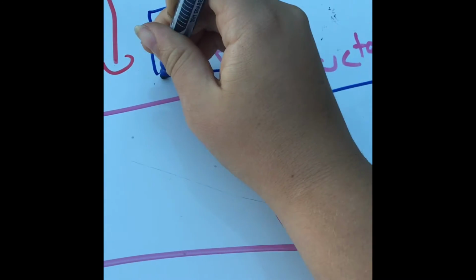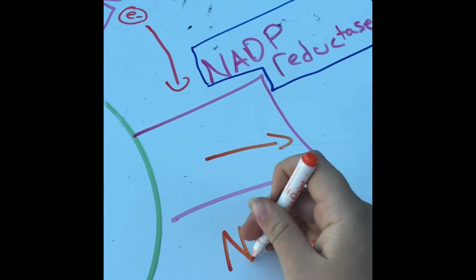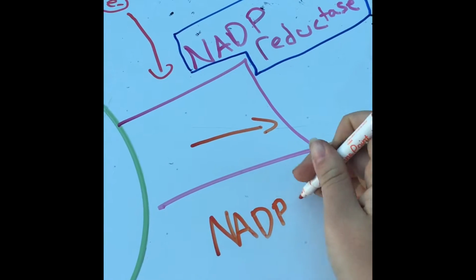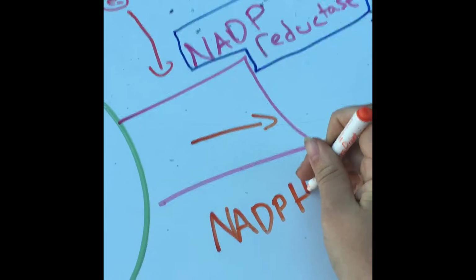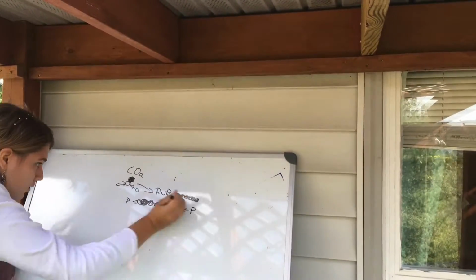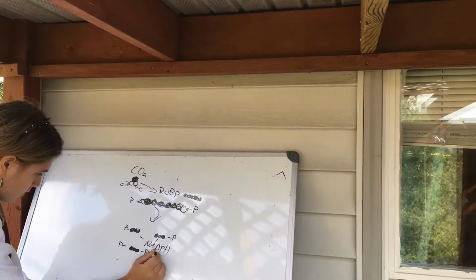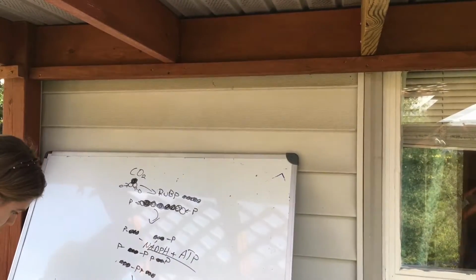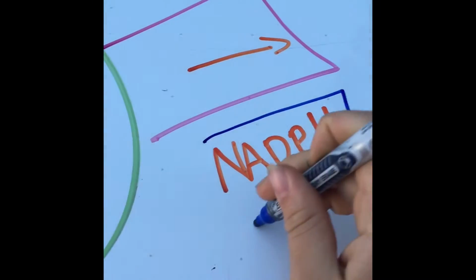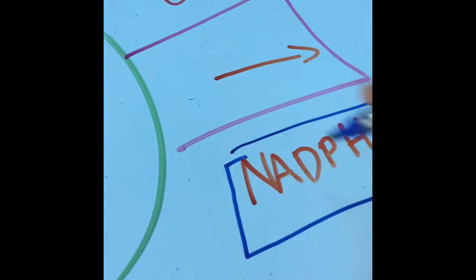The electrons and NADP combine to form NADPH. Both NADP and NADPH are part of the other part of photosynthesis, the Calvin cycle. We'll worry about that later.